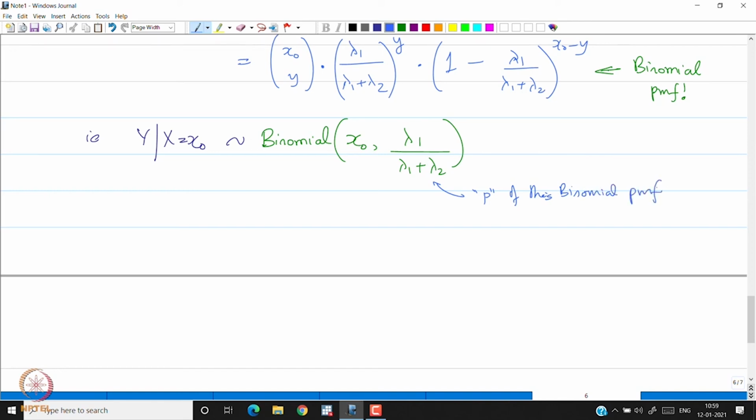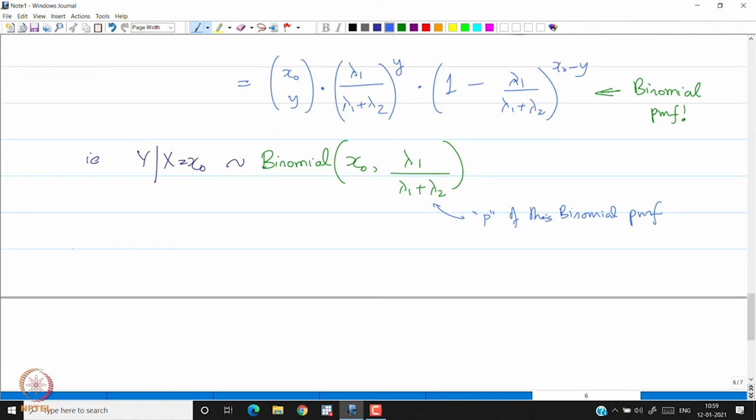And so then it is a very simple matter to identify that the conditional mean of y given x equal to x naught is exactly x naught lambda 1 by lambda 1 plus lambda 2. We know that it is np. We just multiply this n with the p, and we get x naught lambda 1 by lambda 1 plus lambda 2.